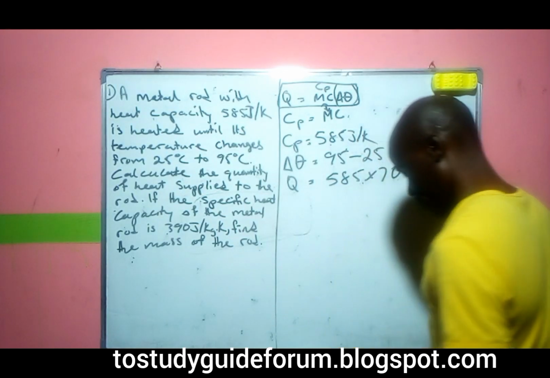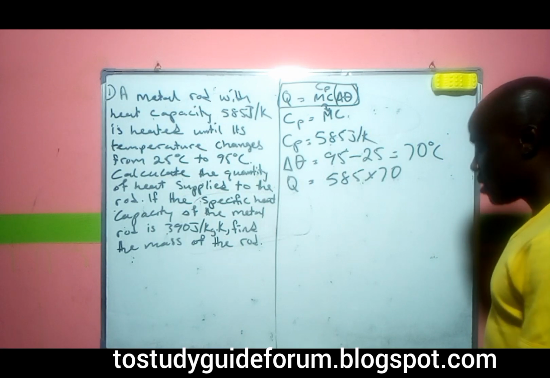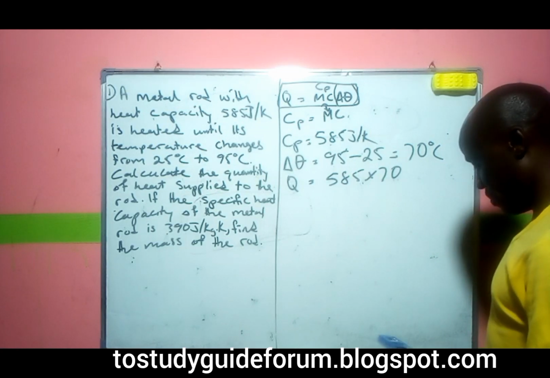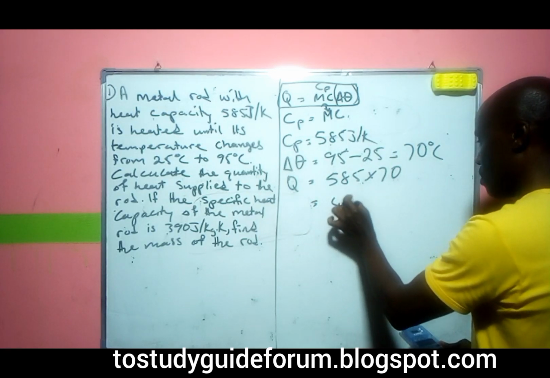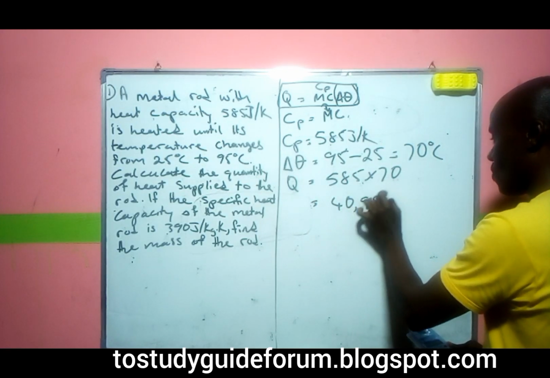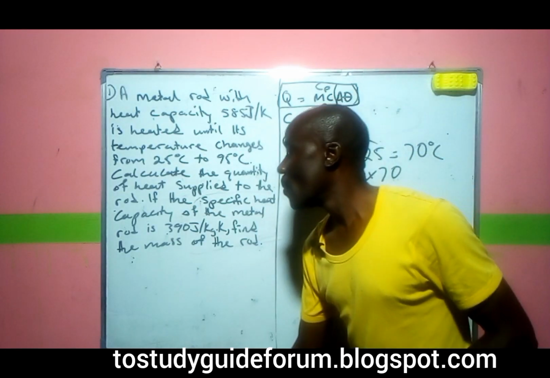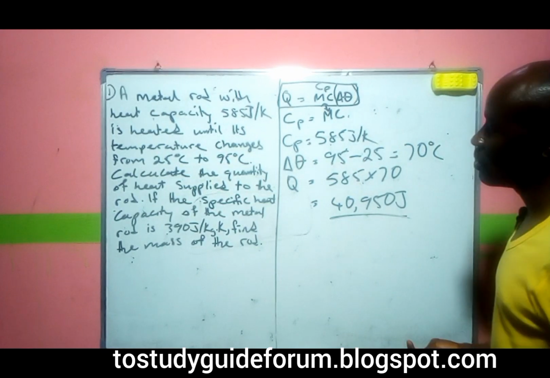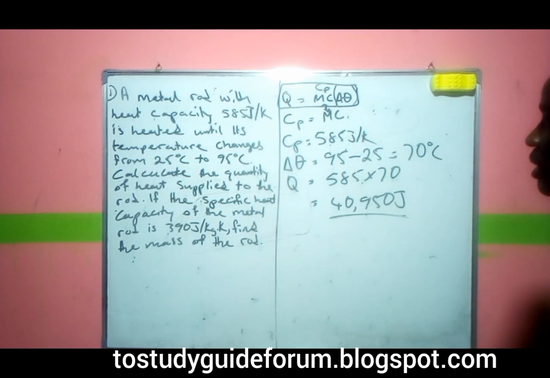What do we have? 70 times 585 will give us the heat, that is, the quantity of heat supplied to the rod.